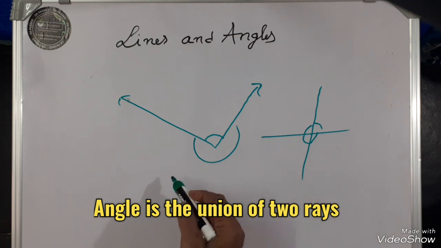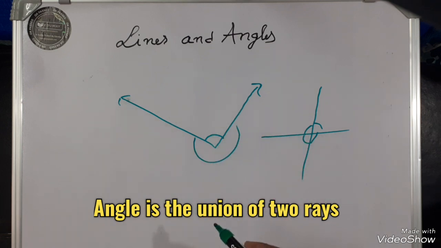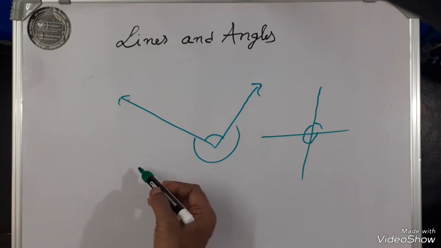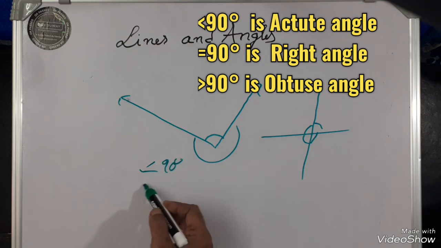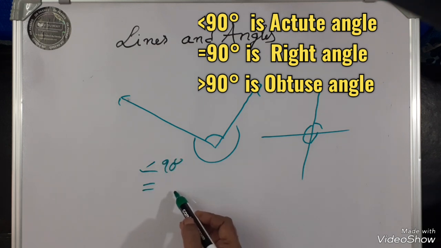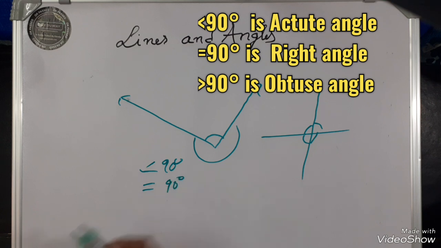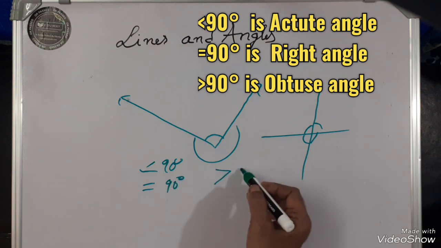Now, you already know from 6th class that there are different types of angles. Acute angle, which is less than 90 degrees. Right angle, which is equal to 90 degrees. Obtuse angle, more than 90 degrees.